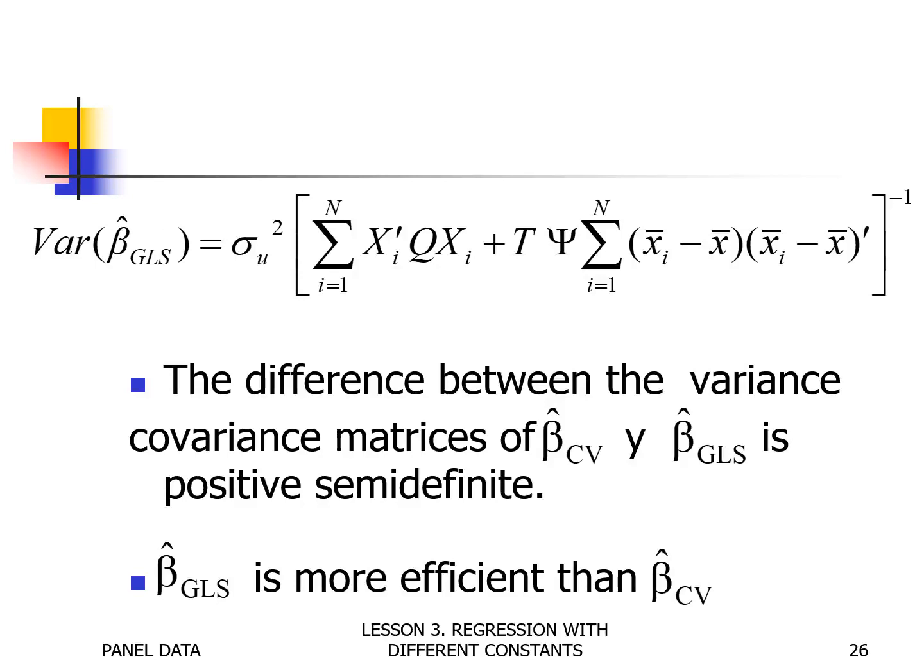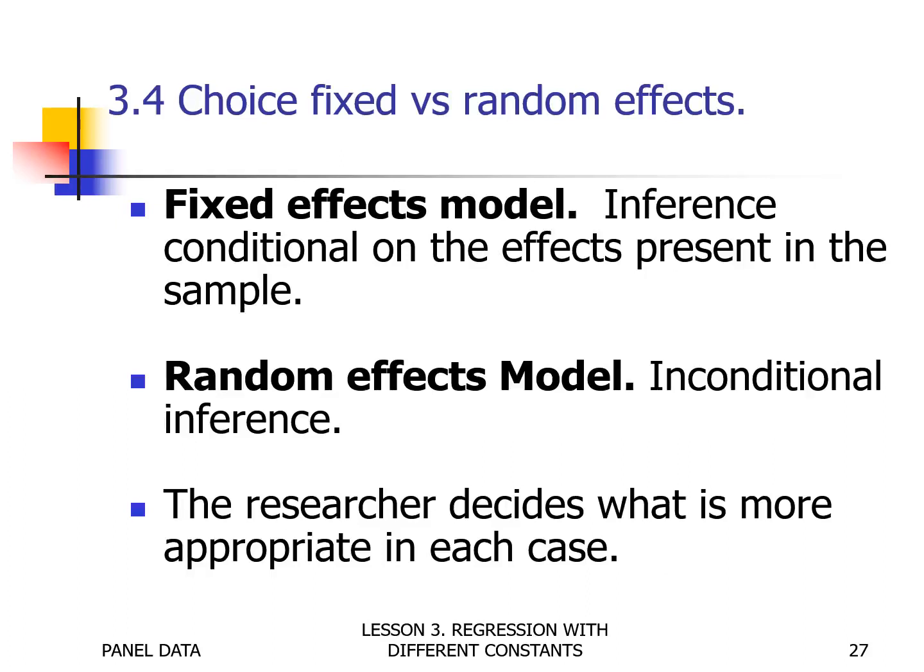We don't need to look at these formulas. The only important thing is that the GLS variance is smaller than the covariance estimator variance, and the GLS is more efficient than the covariance estimator, and that can be shown, but we are not going to see it in detail in this course. But it is important that that's the case.